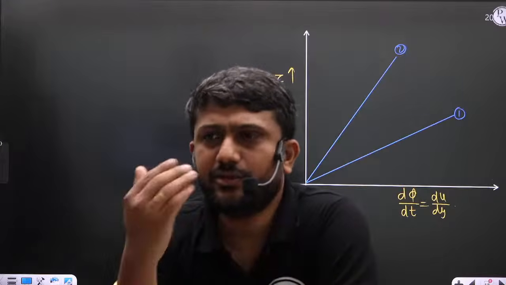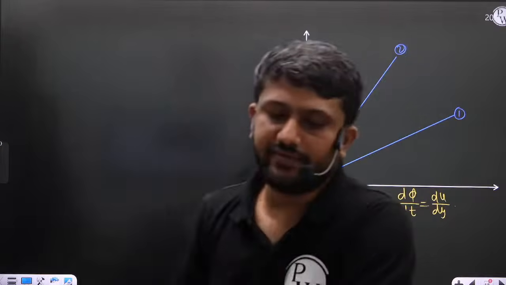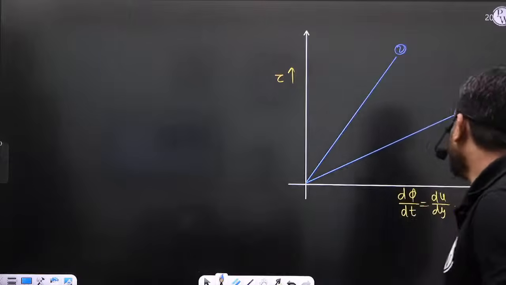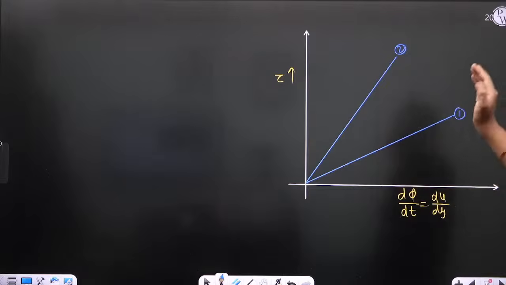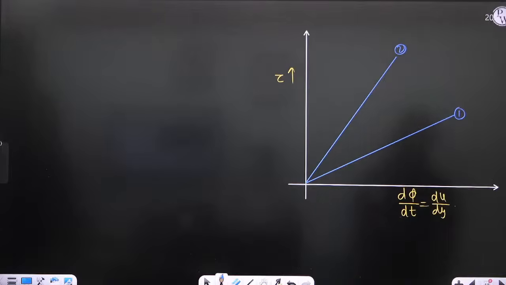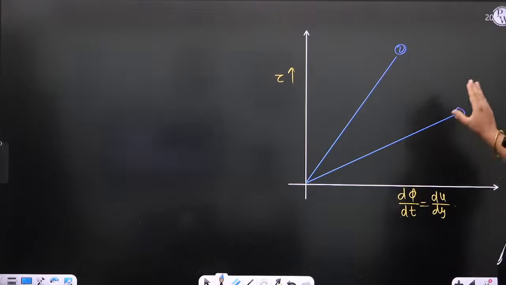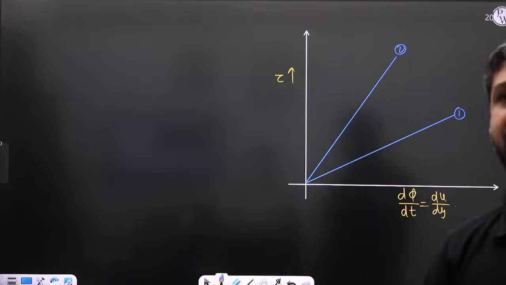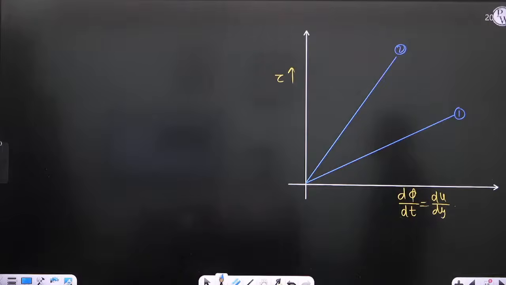Or simply, which graph is for the water and which graph is for the air? Water and air both are Newtonian fluid. So which graph represents air and which graph represents the water?